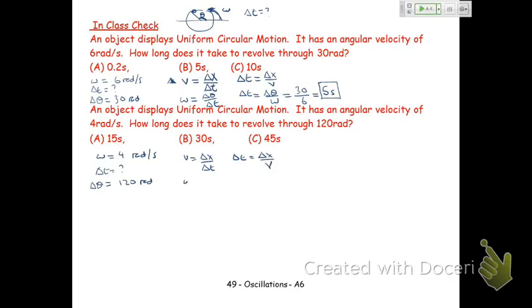So that means that omega is equal to delta theta over delta t. So delta t is equal to delta theta over omega, which equals 120 over 4, which equals 30 seconds. Boom, boom. So they're not hard, but they are really uncomfortable, you know.